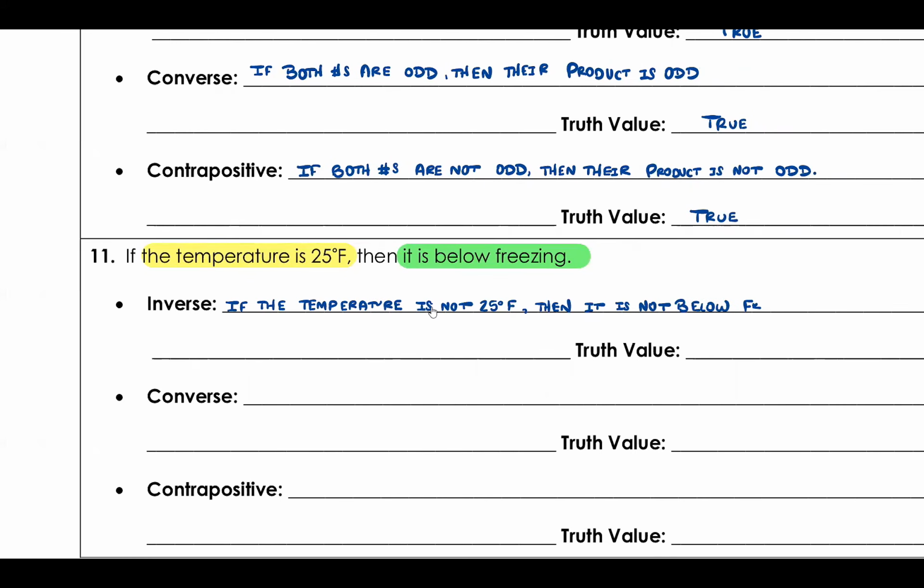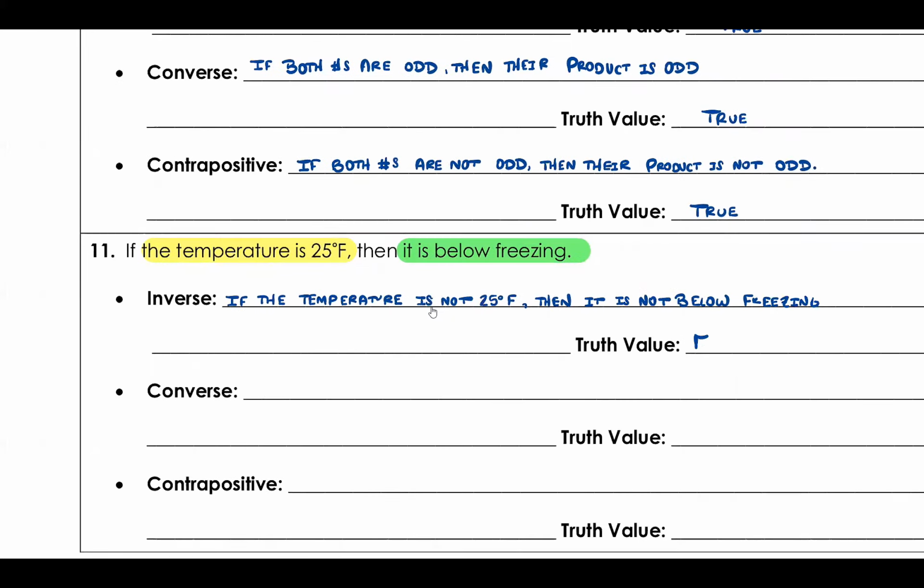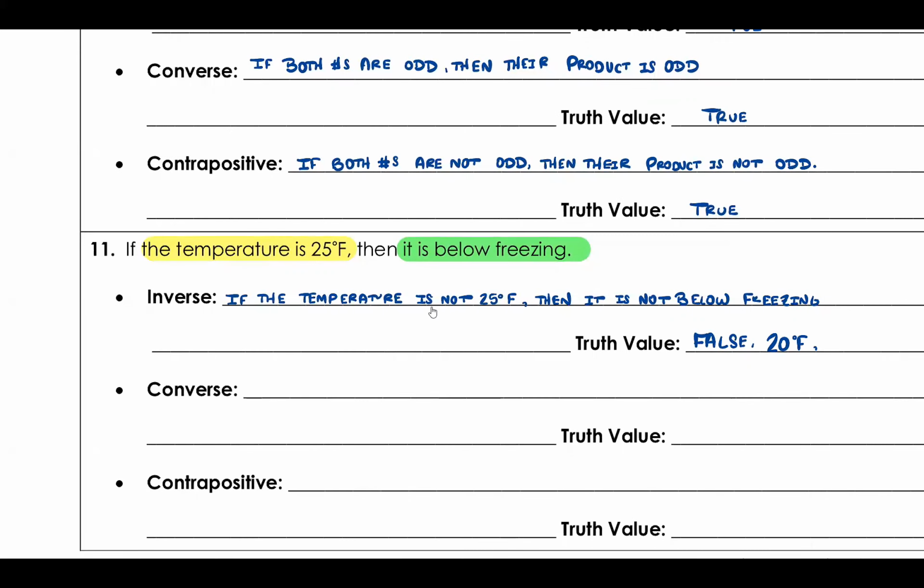If the temperature is not 25 degrees, then it is not below freezing. True or false? Why? Yeah, it could be 20 or 26. Okay, good.